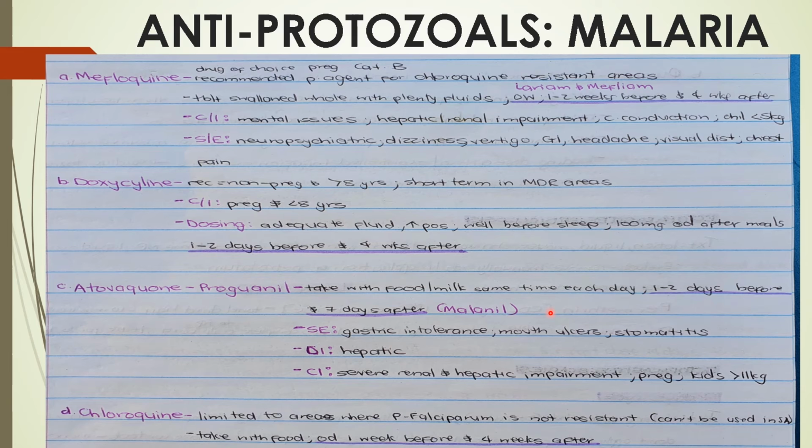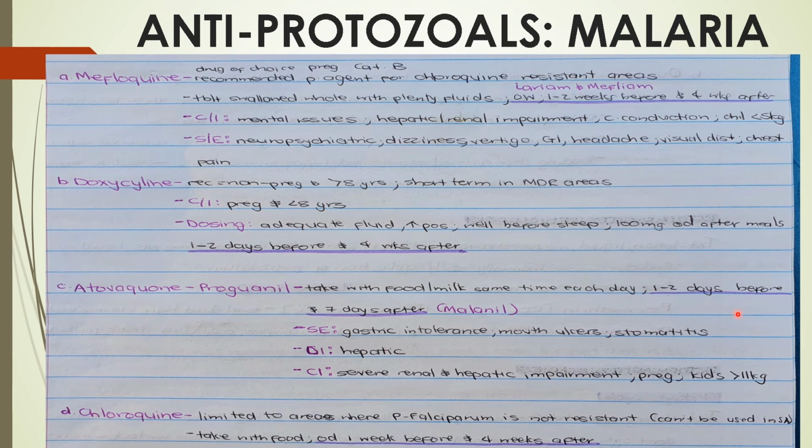Drug interaction is any medication that causes hepatic impairment. So with most antibiotics, you need to watch out for drug interactions because it can cause liver failure. And it's contraindicated in anyone with kidney or liver impairment, any pregnant woman, and kids less than 11 kilograms.